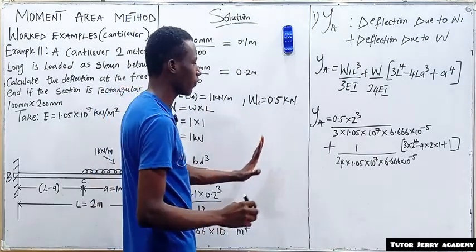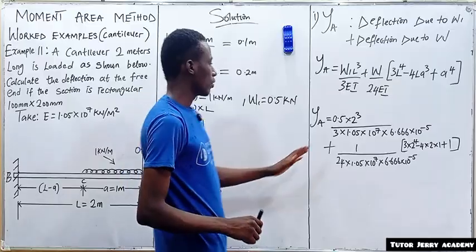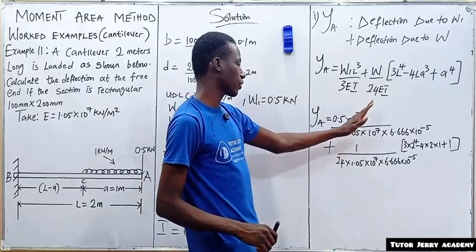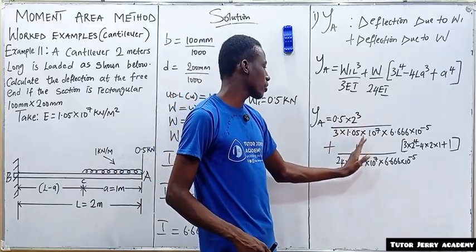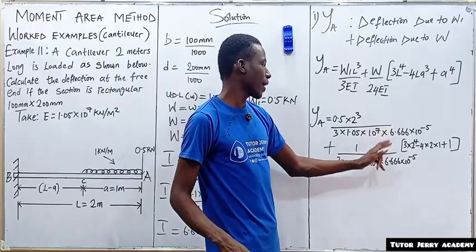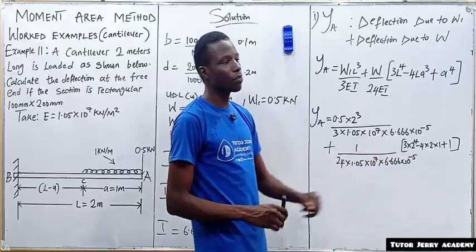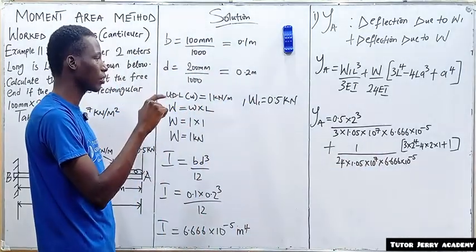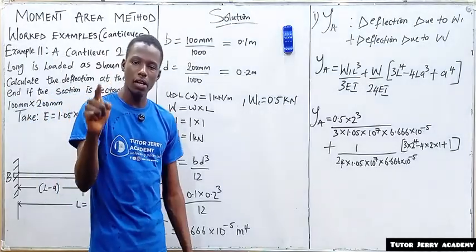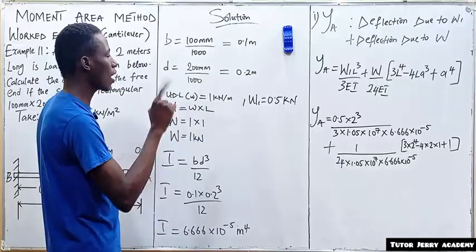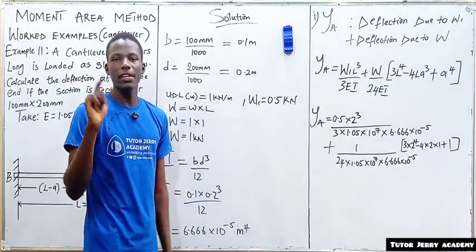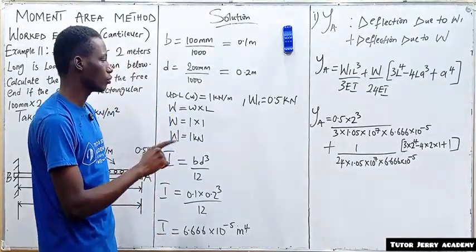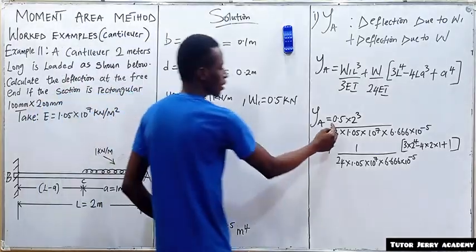All right. So let's simplify. 0.5 times 2 to the power of 3 all over 3 times 1.05 times 10 to the power of 7 times 6.666 times 10 to the power of minus 5. If you press your calculator, it will give us 41 all over 16798.32.